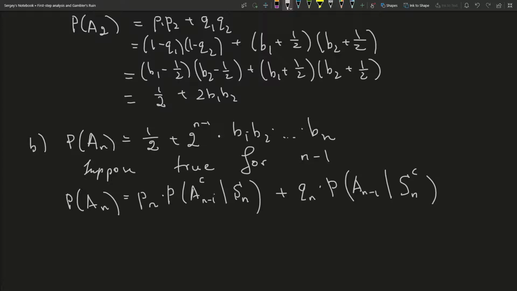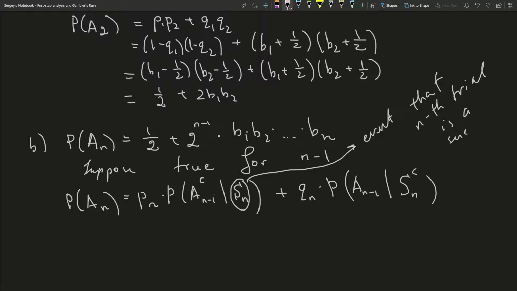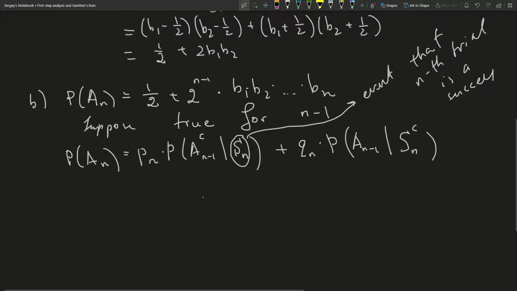And by this notation S sub n, this will be the event that the nth trial is a success. Okay, so what do we have here?